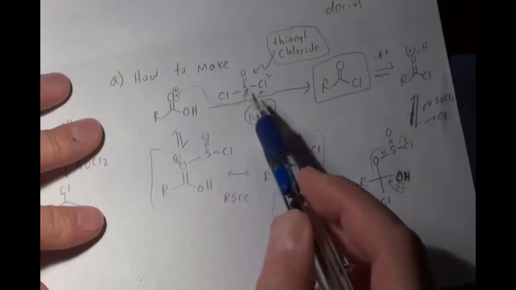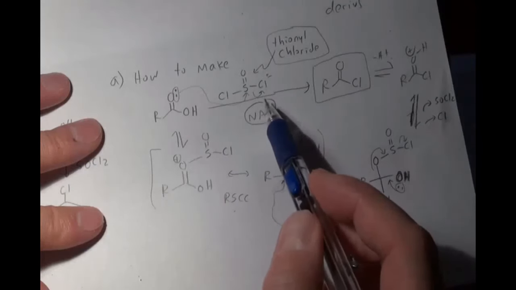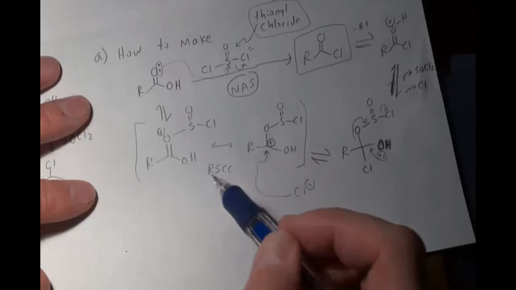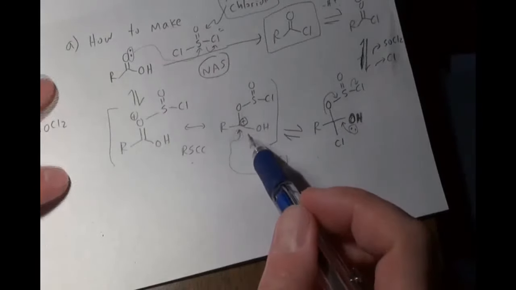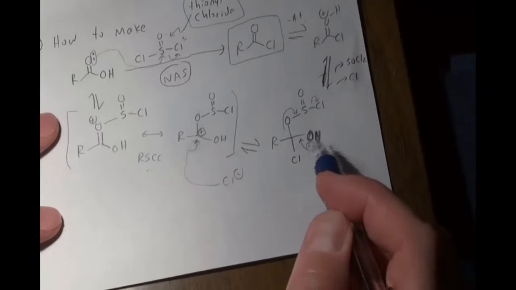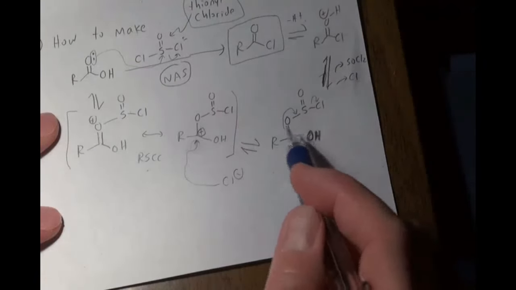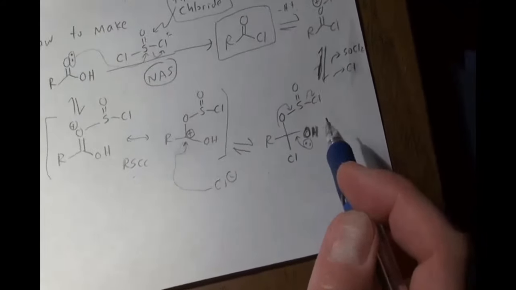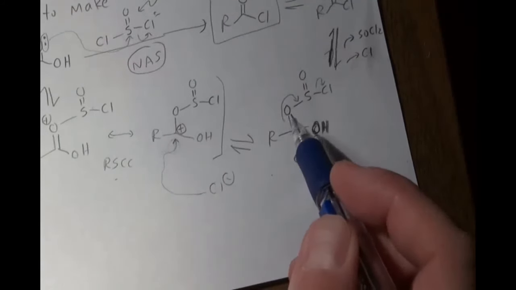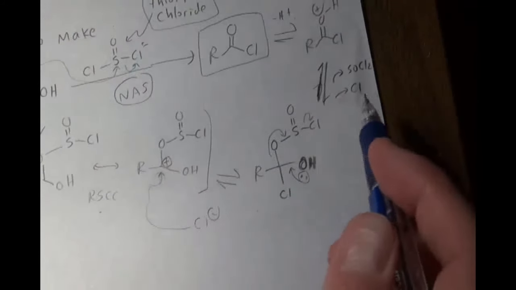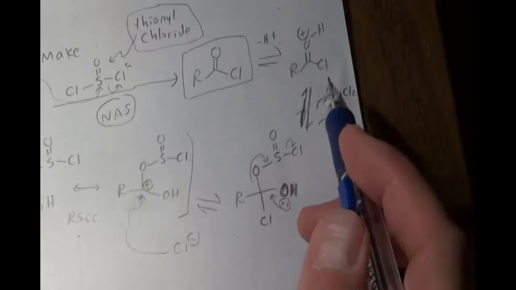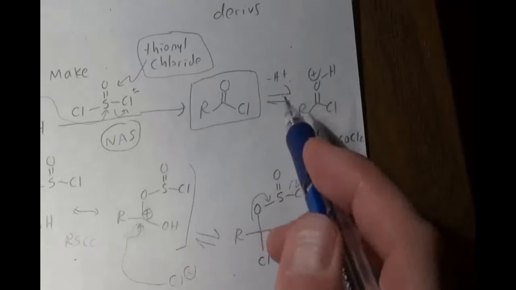Okay. And so that was the full mechanism. Oxygen attacks SOCl2, kicks off a chlorine, and then you have an RSCC, chloride attacks the RSCC, then oxygen swings back and kicks everything off, kicks off the SOCl2, and gives us the final protonated acid chloride, lose a proton, and there we go.